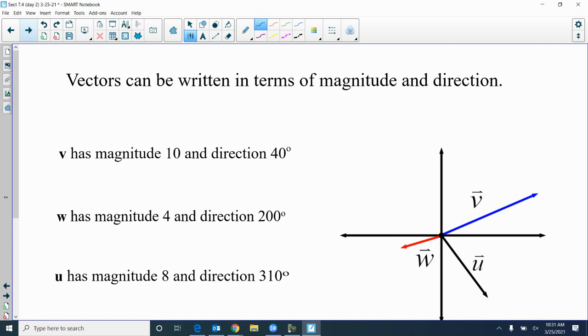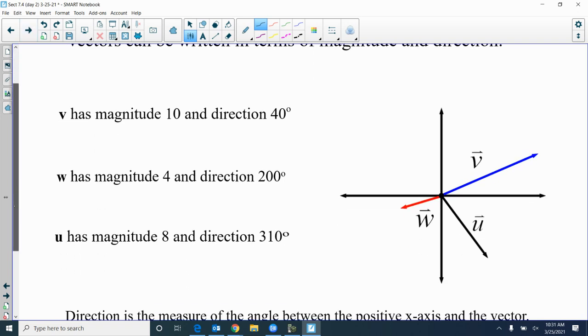So let's see. Let me look at your notes. All right. So you basically got v, u, and w on there. V, I want to tell you, has a magnitude of 10. So whatever, if it's in inches, it's 10 inches, whatever your units are. And it has a direction of 40 degrees.